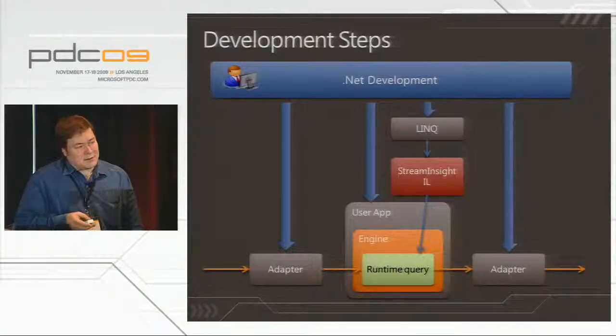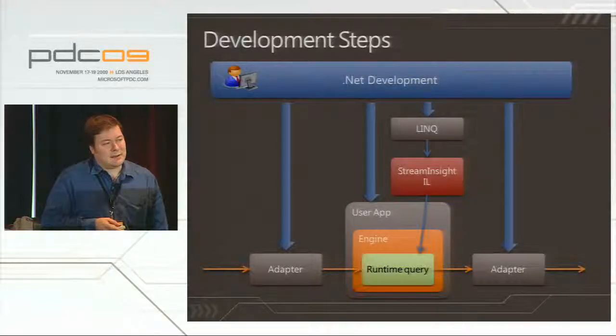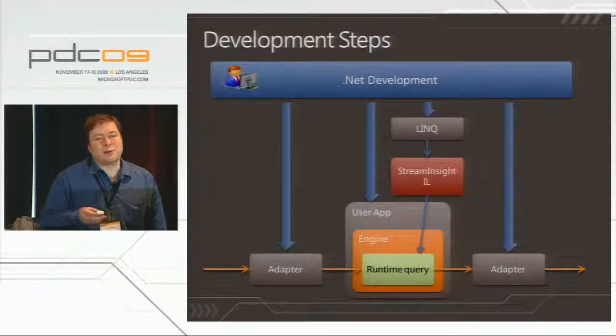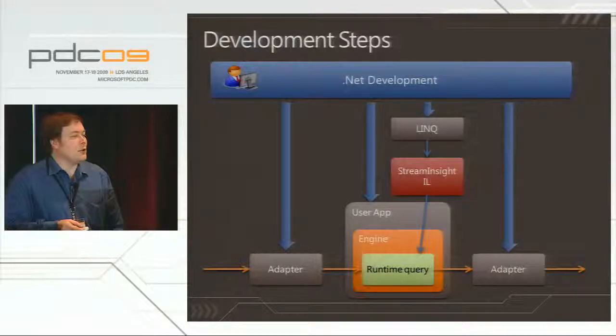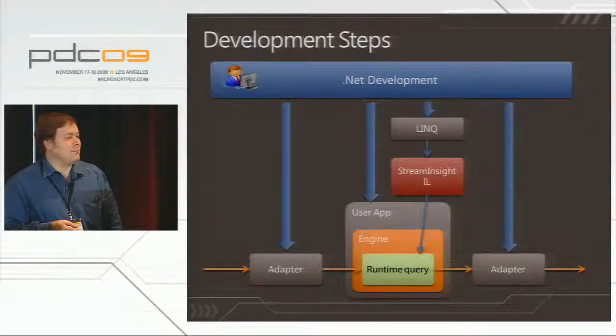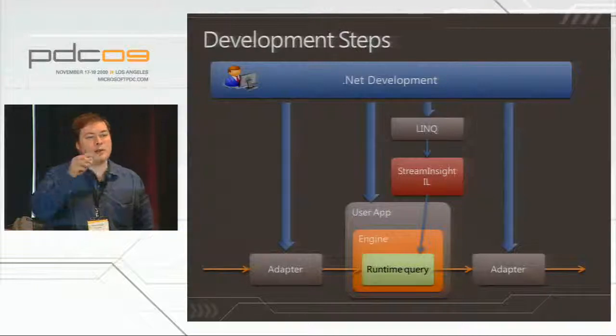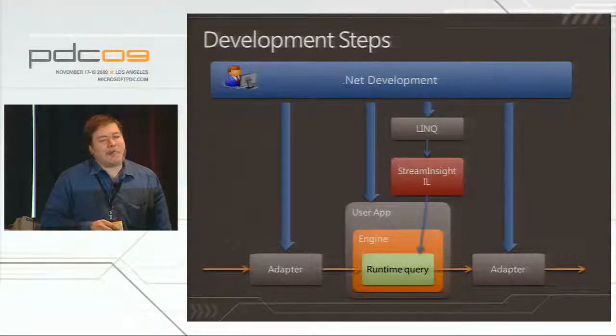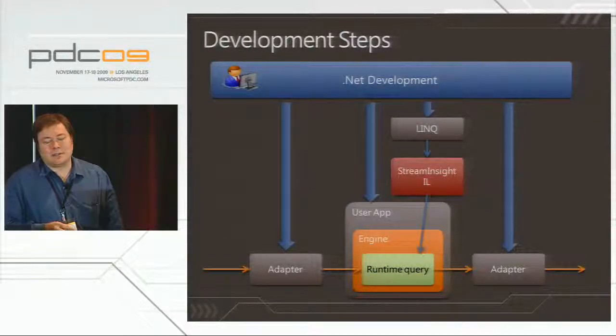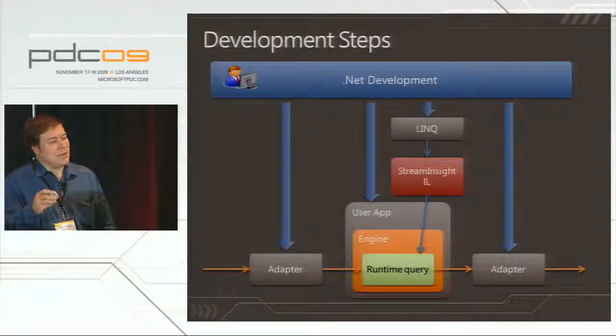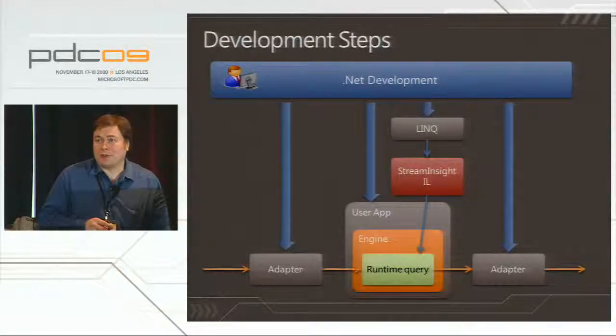At the end, once you are done with your query, using the object model APIs, you compile the query, which triggers our LINQ provider, which looks at the LINQ query. And we have our own intermediate stream algebra and a language corresponding to that.